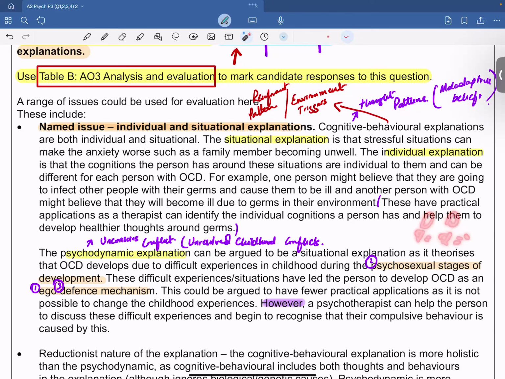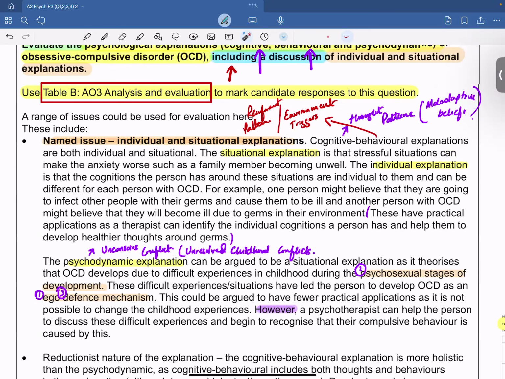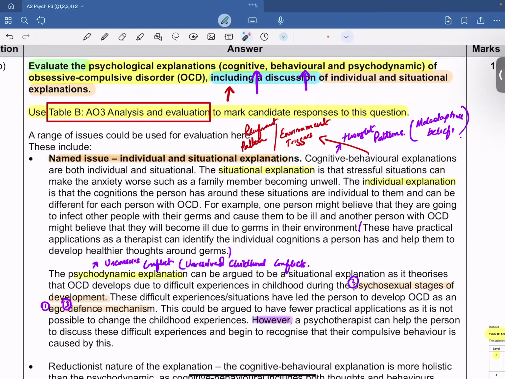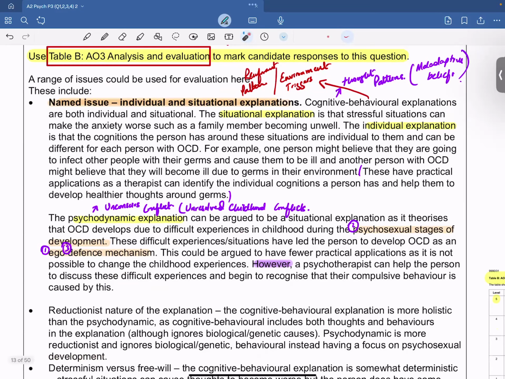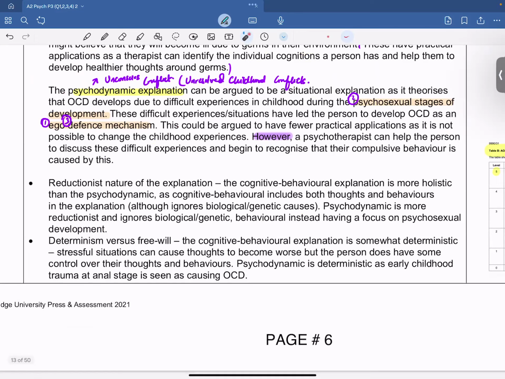So that's again a flaw. You're supposed to evaluate through the individual and situational explanation because the question very specifically demanded this. But at the same time, remember the question said including a discussion. So when we're including a discussion, let's bring in the reductionist nature of the explanation too.